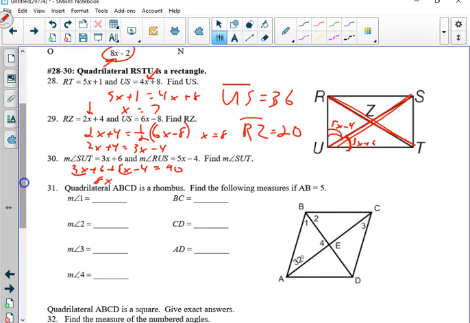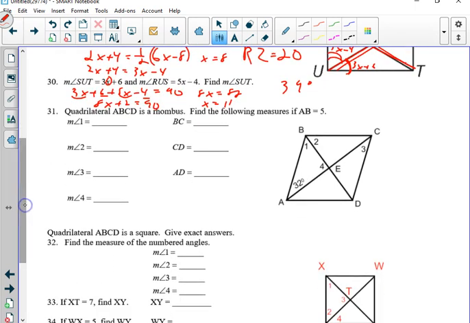That's 8x. 6 minus 4 is 2 equals 90. Minus 2, you get 8x equals 88. And divide by 8, you get x is 11. It says find the measure SUT. Again, that's 11 times 3 is 33, plus 6 is 39 degrees.